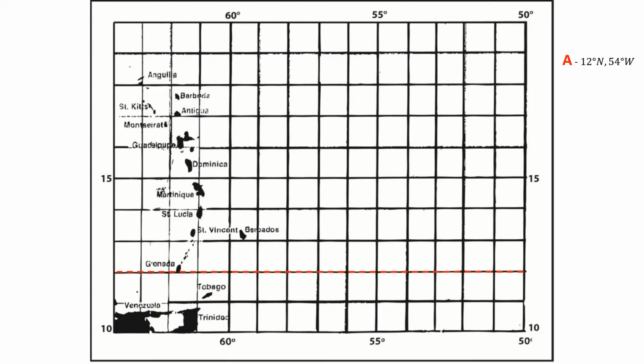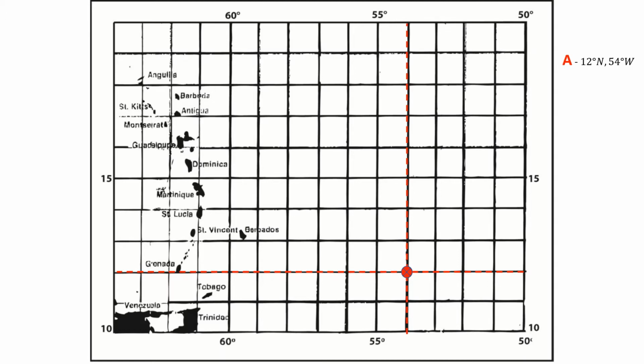And there's only one place where the point can be both on the 12-degree north line and the 54-degree west line, and that is at the point where they cross or intersect, and that point is the location of A.